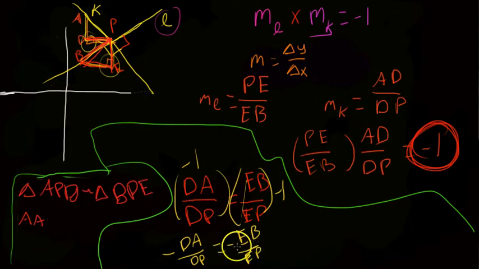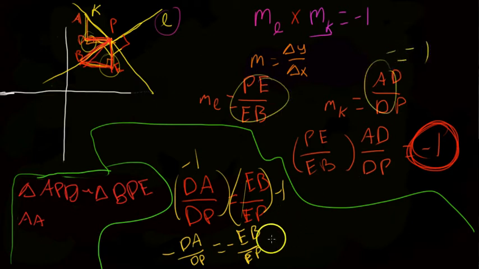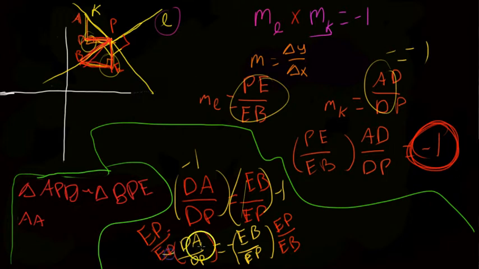Now to get to our desired endpoint, remember, this times this is equal to -1. We're going to multiply by the reciprocal of EB over EP, which is EP over EB. So we multiply both sides by EP over EB. The EBs cancel out, the EPs cancel out, and we're left with -1 on this side.